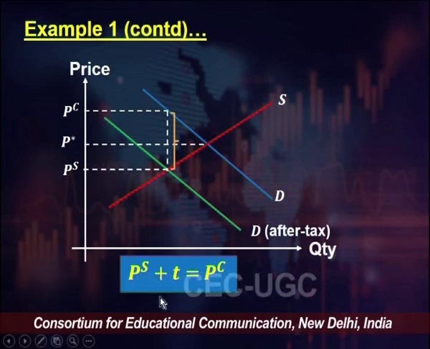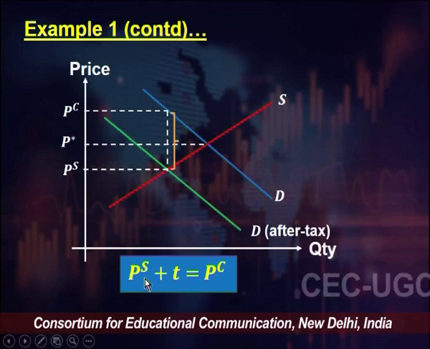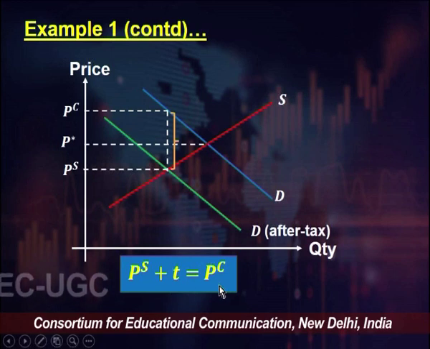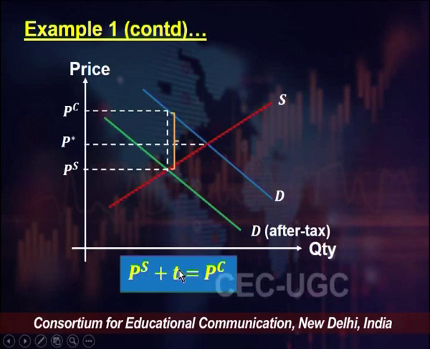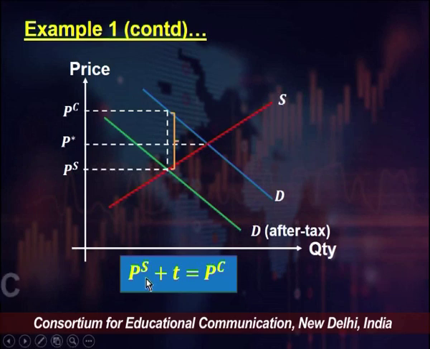So, to summarize, the price received by the seller plus the tax T is the price which is paid by the consumer, and this tax is creating a wedge between the price received by the seller and the price paid by the consumer.